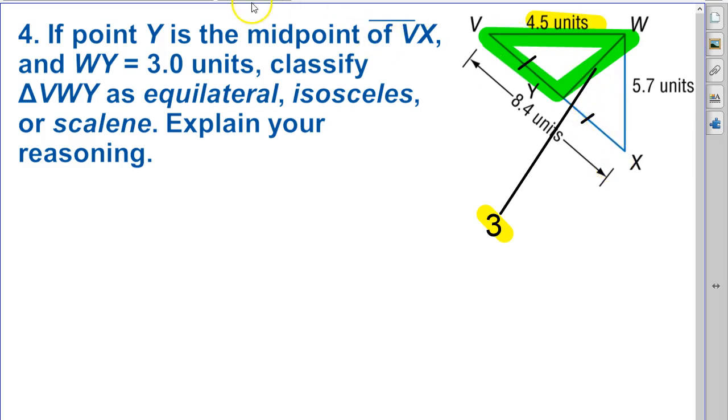So VY has to be half of 8.4, which is 4.2. So little triangle VWY, 4.5, 3, and 4.2. It is going to have to be scalene. None of the sides are the same.